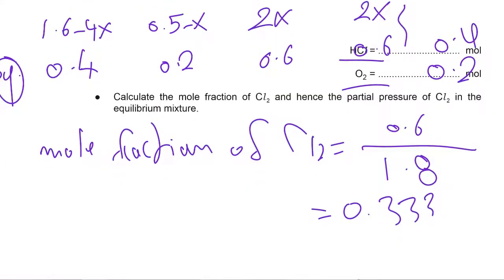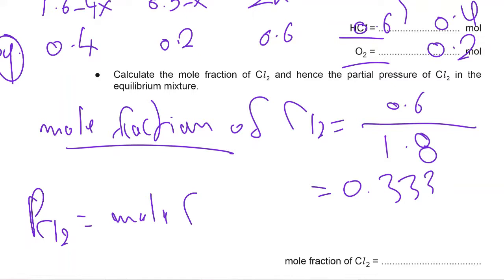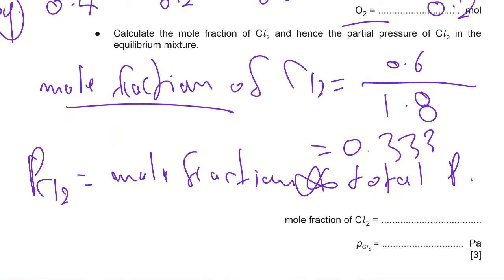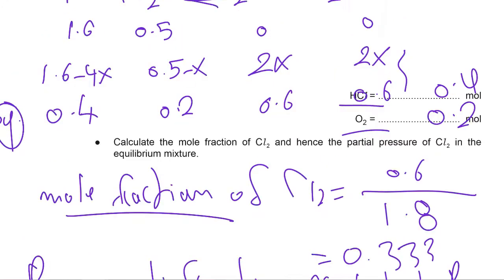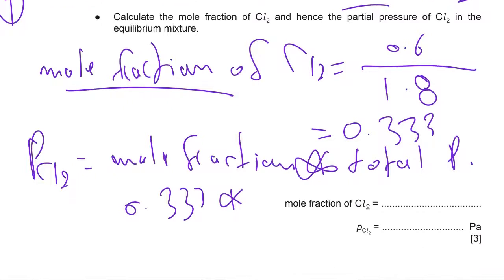Okay, and the partial pressure of chlorine equals the mole fraction times the total pressure. Mole fraction 0.33 times the total pressure, it's given here as 1.5 times 10 to the power 5.